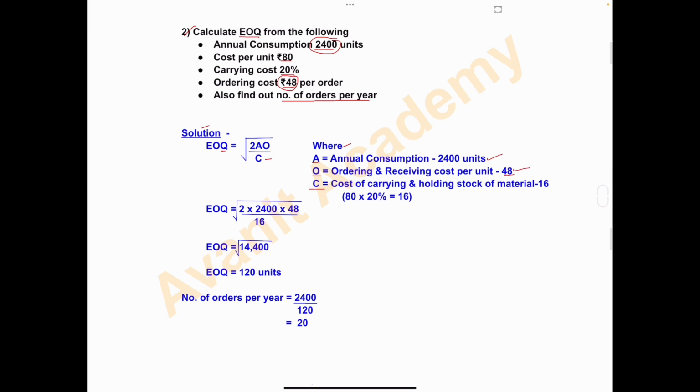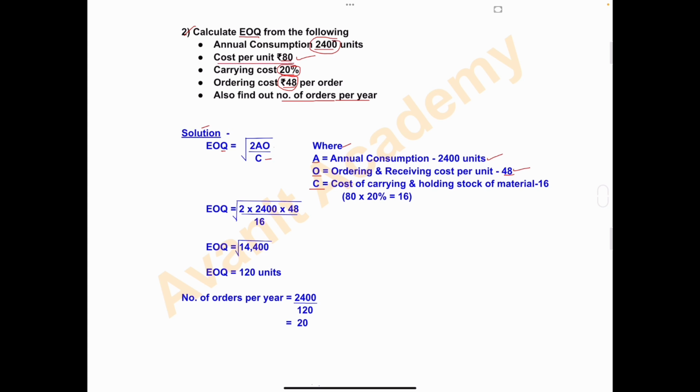C is cost of carrying and holding stock of material. Carrying cost is 20%. See the third point. So this 20% will be charged on cost per unit, that is 80.